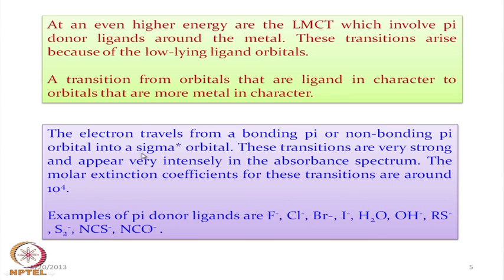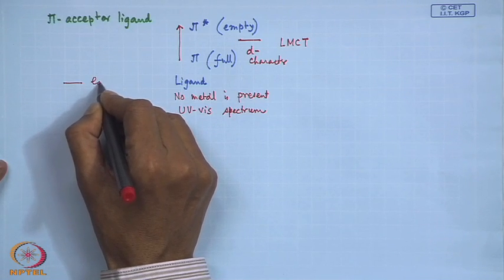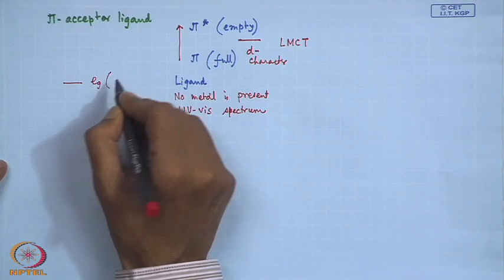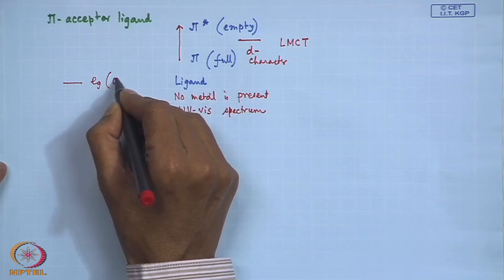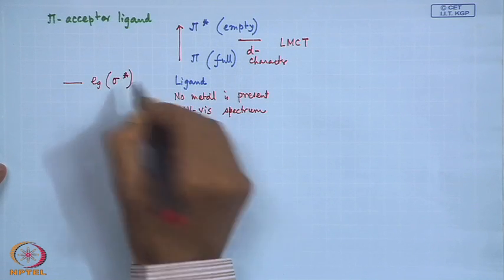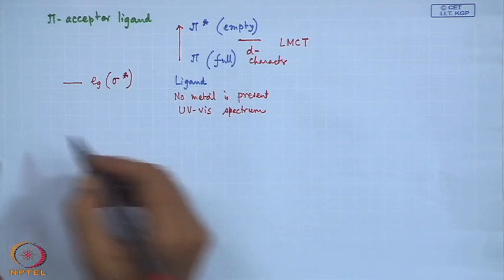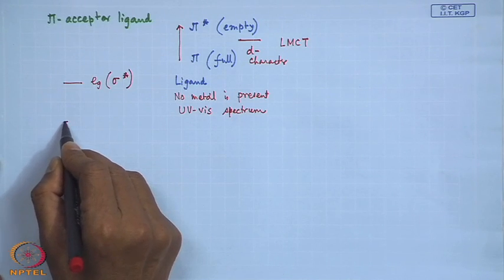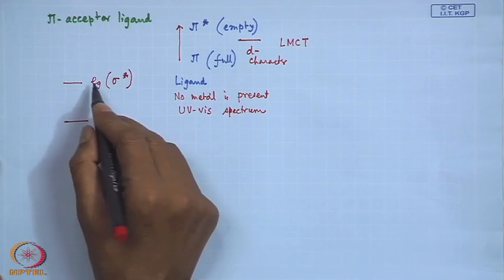So, in this particular case, the metal is giving the sigma star orbital and the ligand is giving the corresponding pi and the pi star level. And the corresponding level which we can designate as the Eg, but this can be considered as the corresponding sigma star level, and we can have the corresponding metal in this particular level.